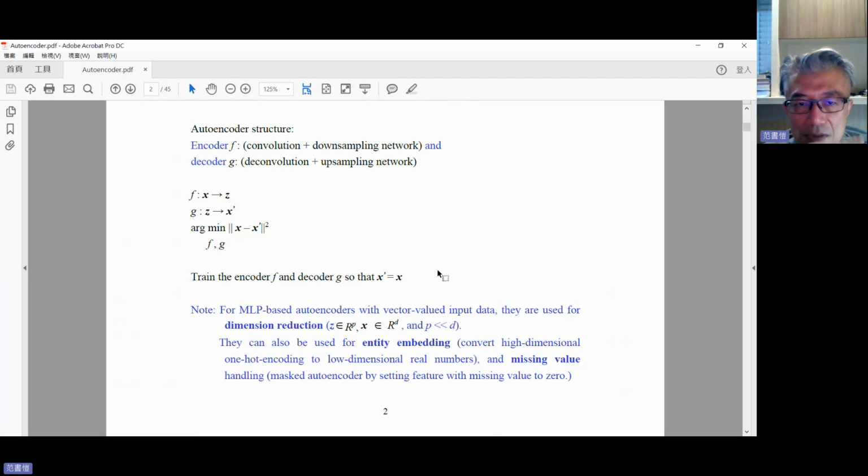X is the original input, X prime is the reconstructed input, subject to F and G. It depends on the structure and how many parameters, and whether to do inference or sampling probability. We train the encoder F and the decoder G so that X prime resembles X as closely as possible.